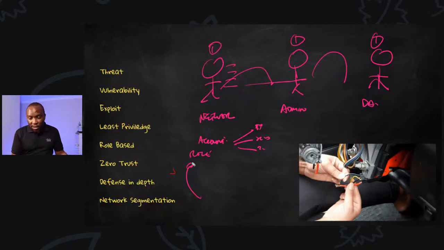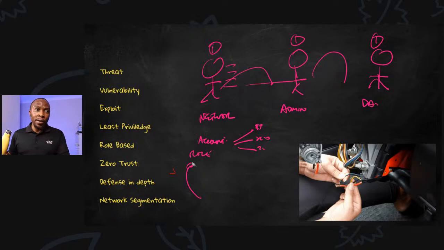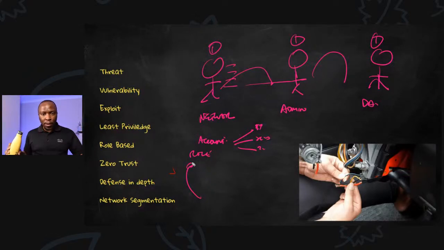Things like zero trust. Zero trust simply says, I'm not going to trust anything. The best example I can give with zero trust is that we tend to trust people in our organization because the assumption is that when someone is in the organization, they are trustworthy.